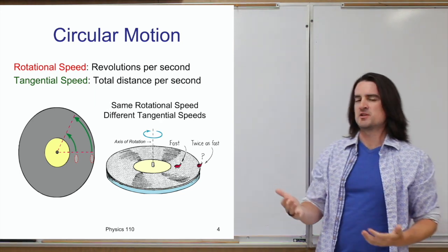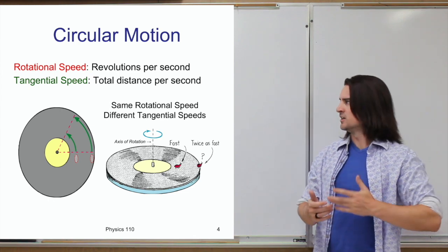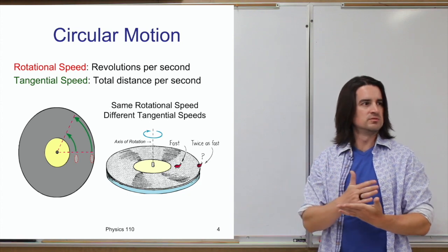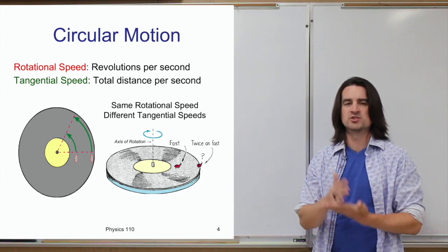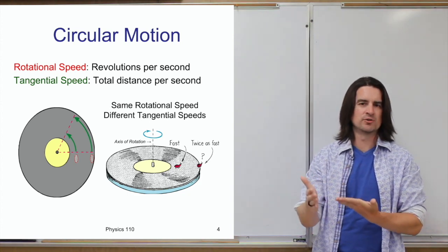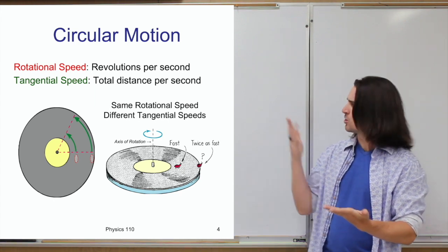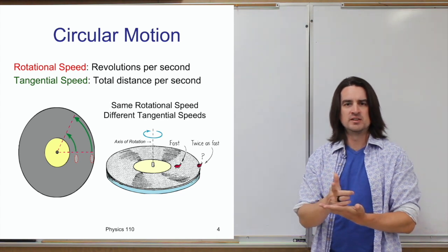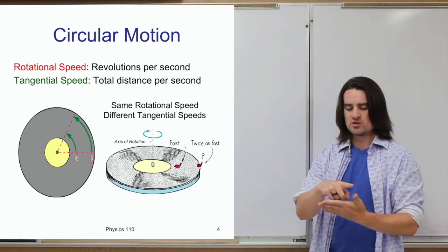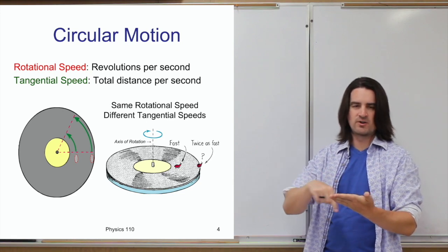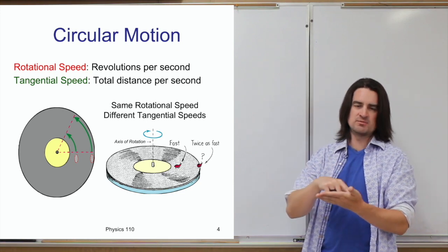The other kind of speed involved in rotational motion is tangential speed. That is much more analogous to what we would have thought of as just velocity before, or regular speed. It's basically the total distance you travel per second. So if I go around a circle and want to know the tangential speed, I just need to know how far around that circle is and how long it takes me to go around.